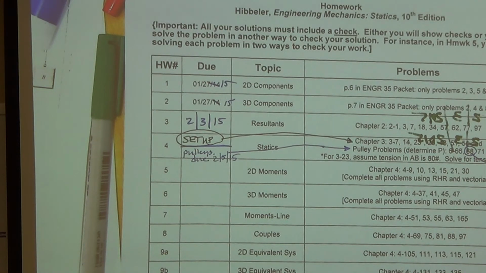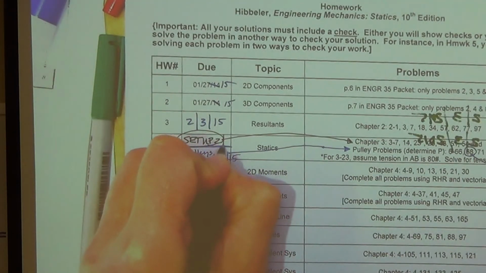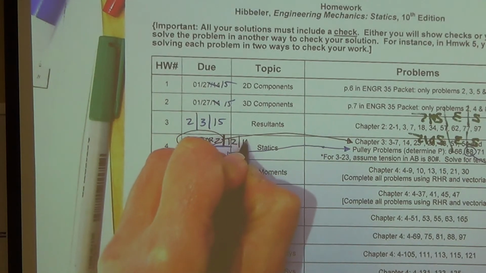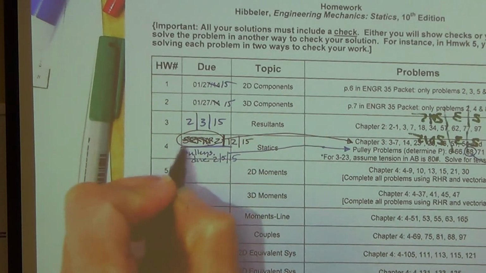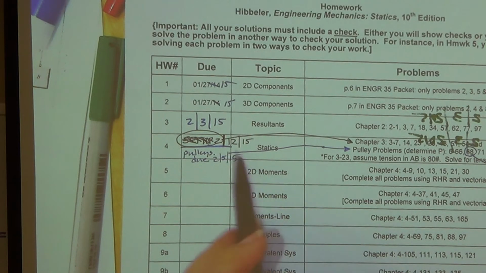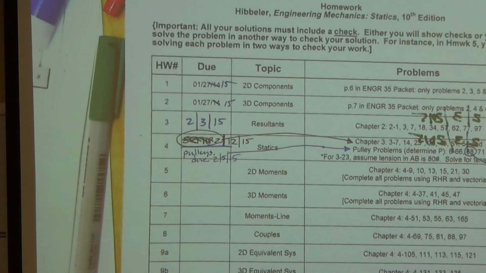Well, on Tuesday, I'm going to assign to do the whole problem. Well, then let me just do this. Let's say the whole thing is due on Thursday. But right now, you could do all the setups. So the statics, the whole problems will be due a week from today, but you could do the setups by Tuesday.